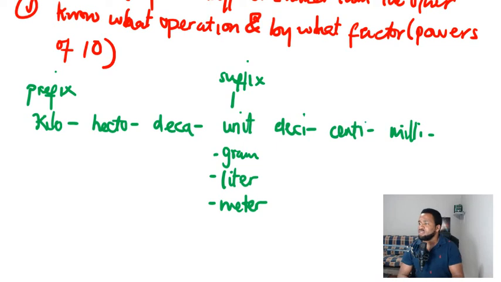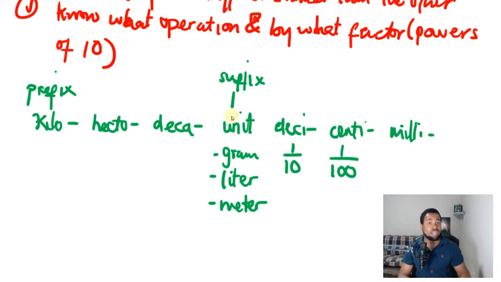Deci is less than a unit by 10, and centi is less than our unit by 100.